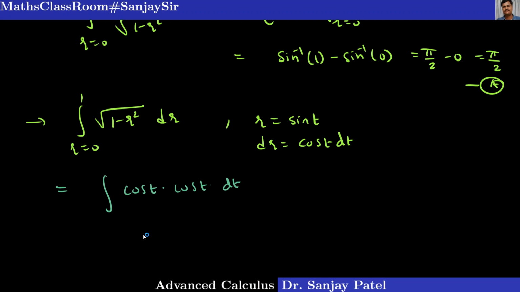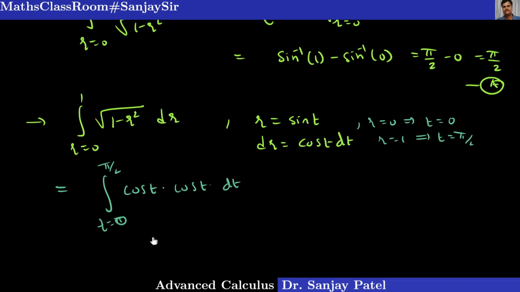Okay, and when r is equal to 0, sin t equal to 0. So let me write here, r is equal to 0 implies t is equal to 0, and when r is equal to 1, we have t is equal to pi by 2. So t is equal to 0 to pi by 2. So this is cos square t.